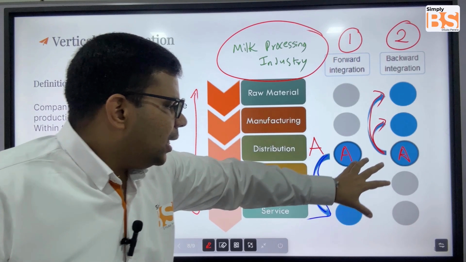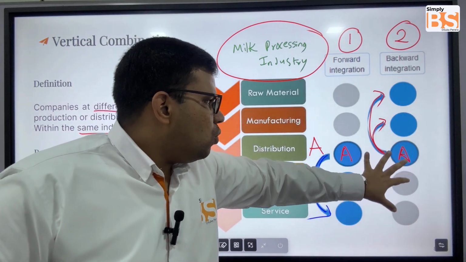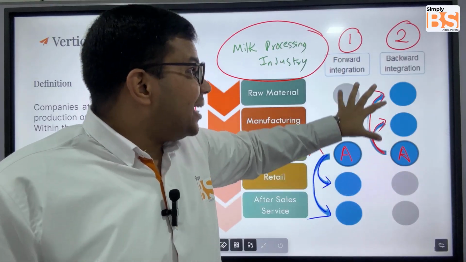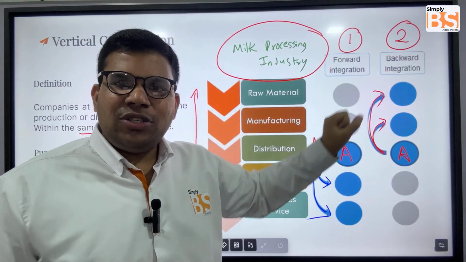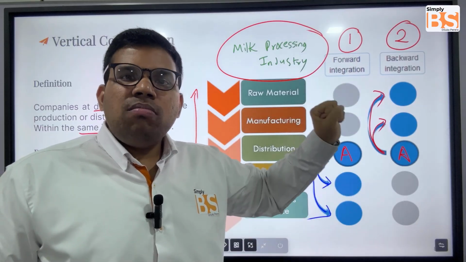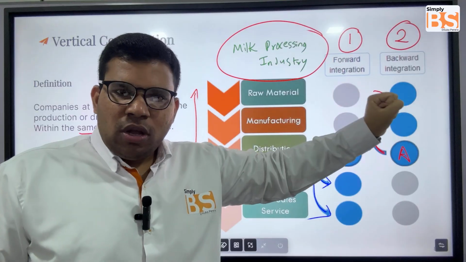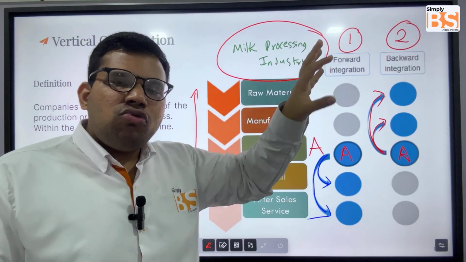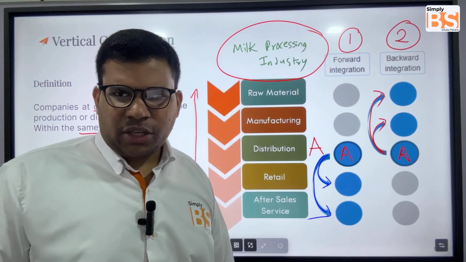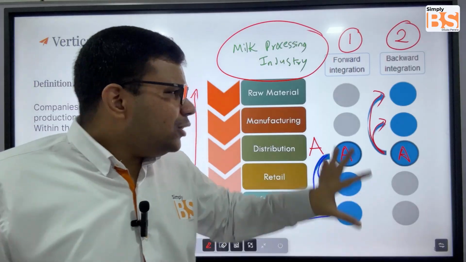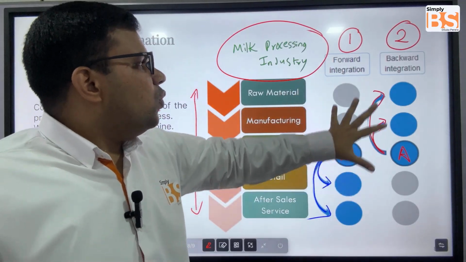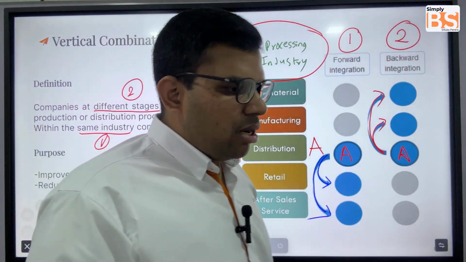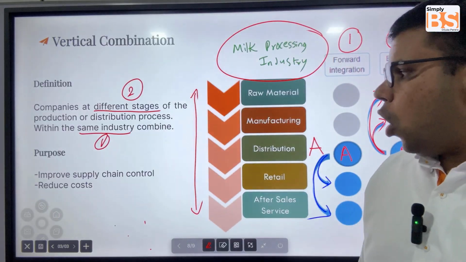So Company A, a milk distribution company, now goes back in the process and merges with or acquires a company supplying milk products, which is a farm. These are the two ways a vertical business combination could occur.